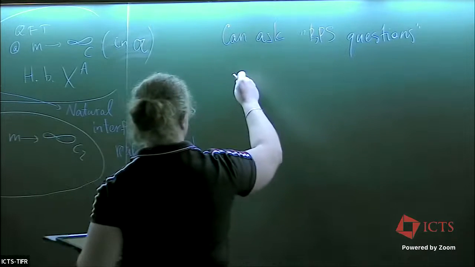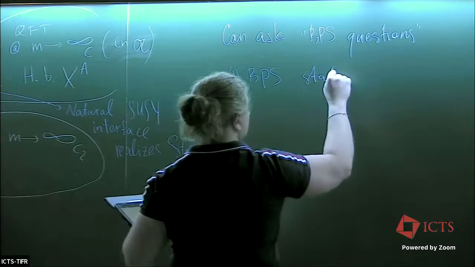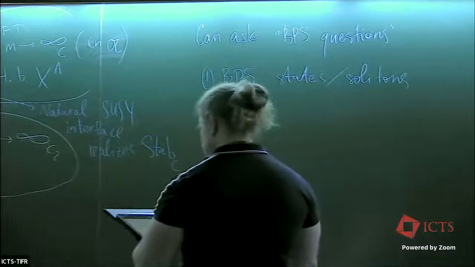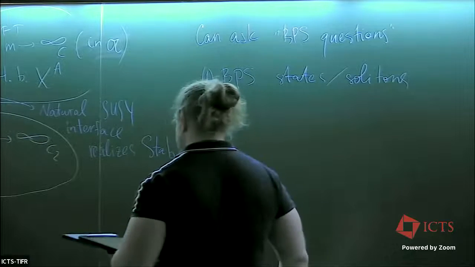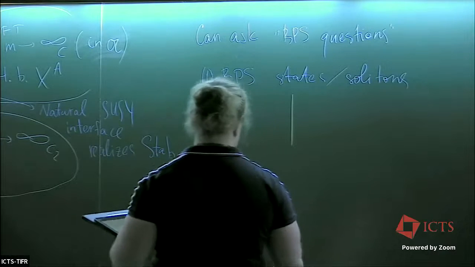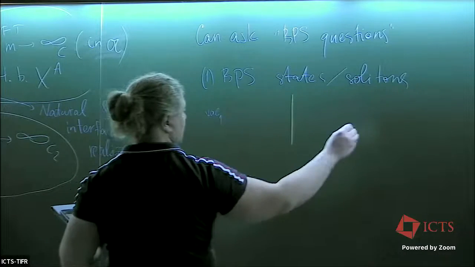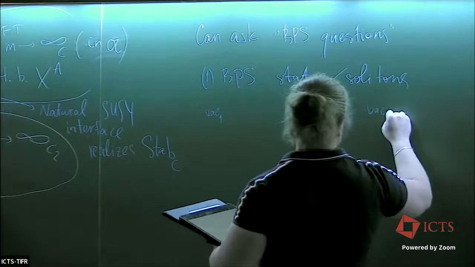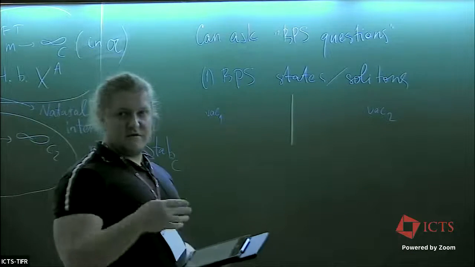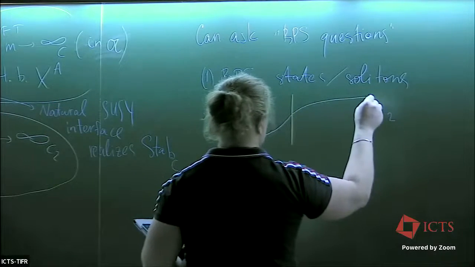For example, you could study BPS states or solitons where you have this interface, and let's say you choose vacuum 1 on the left, far away, vacuum 2 far away on the right, and you find that the associated BPS equations have solutions which I schematically will depict like this.